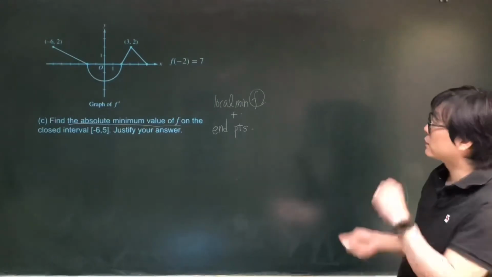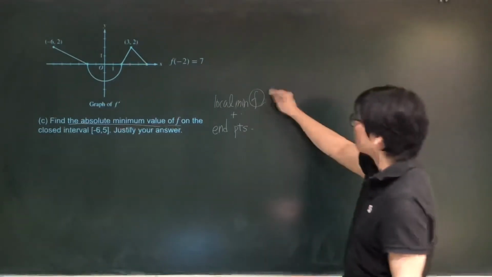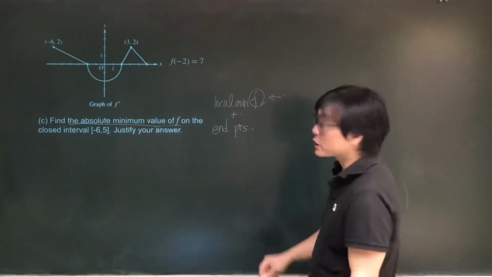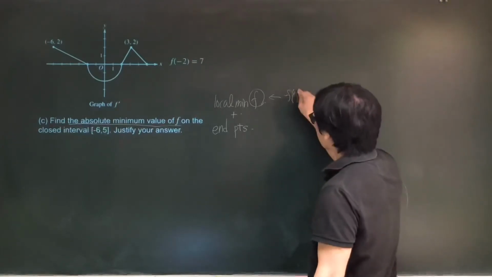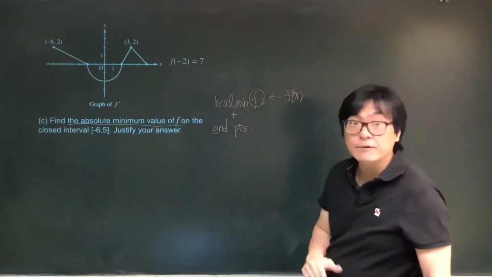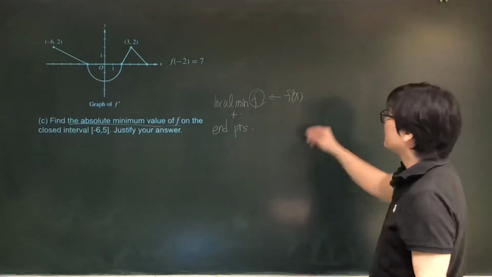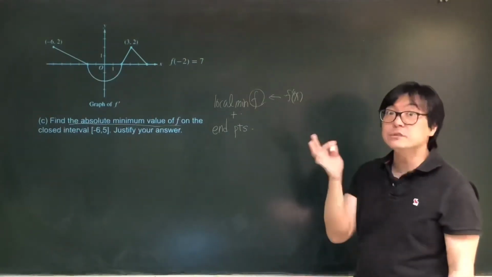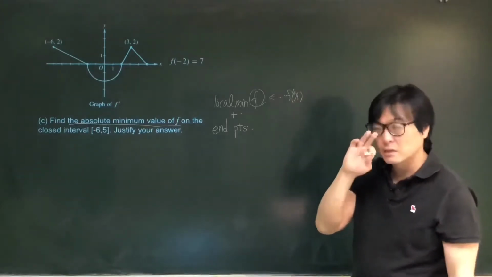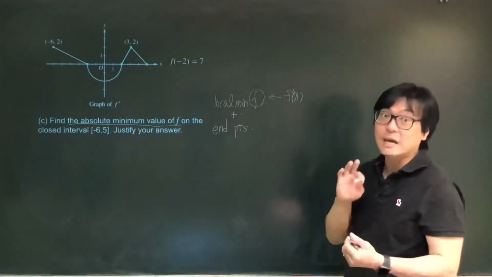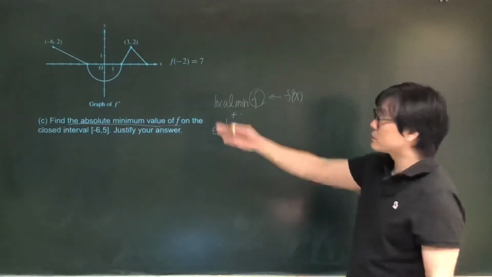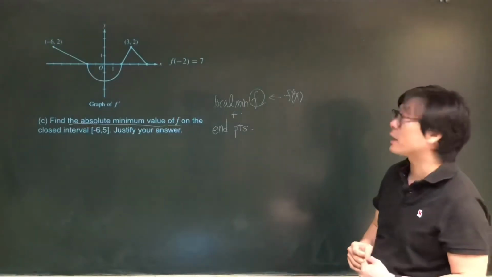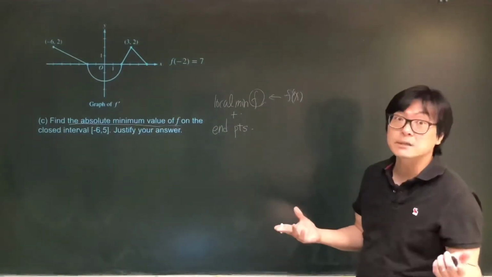So we need to find the local minimum first. How can you find the local minimum of f? We need to check f prime x. Easy, because we have a graph of f prime x here. To find the local minimum of f, we may use the first derivative test or the second derivative test. The second derivative test is a concavity check, but here, since we already have the graph of f prime, the first derivative test will be easier.